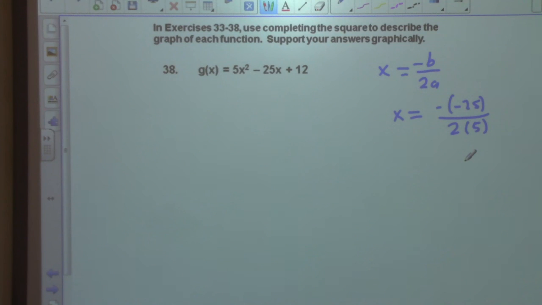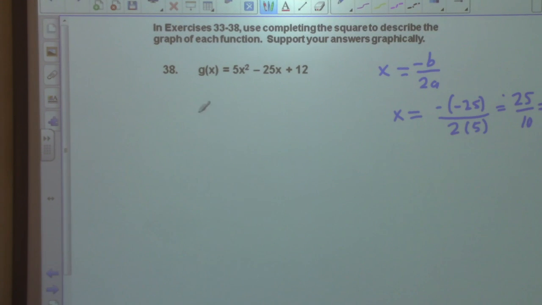And so what is our axis of symmetry here going to be? 25 over 10, so that would be 5 halves, 5 over 2. We know that's our axis of symmetry, and so we can find the vertex form. How can we do that?